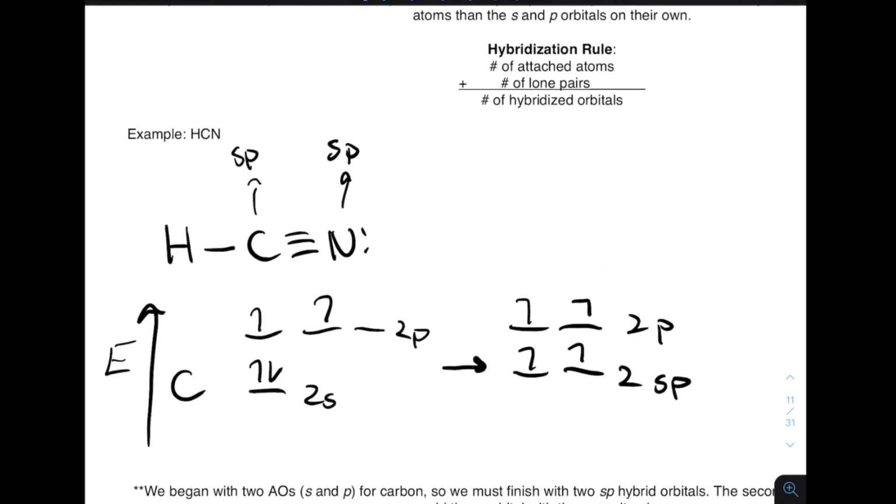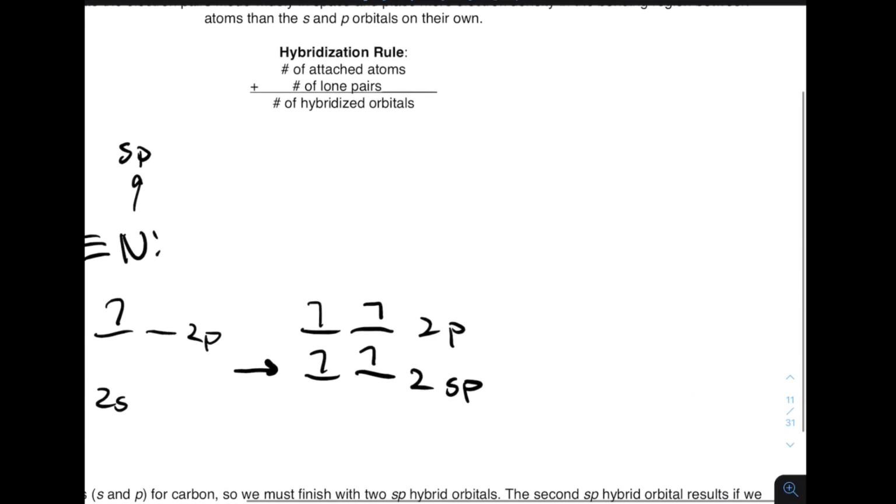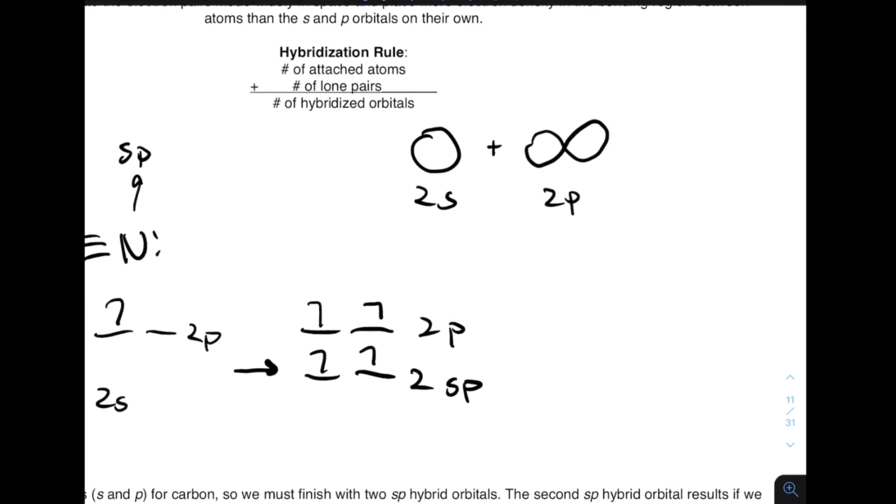We know what an s orbital looks like. We know what a p orbital looks like. But what does the sp orbital itself actually look like? So let's look at carbon again. With carbon, 2s constructively interacts with a 2p orbital when it mixes.